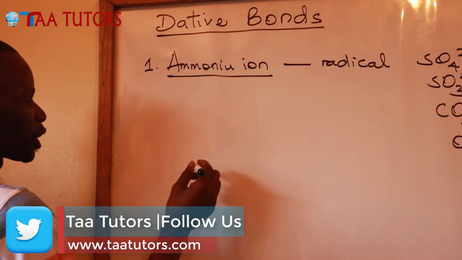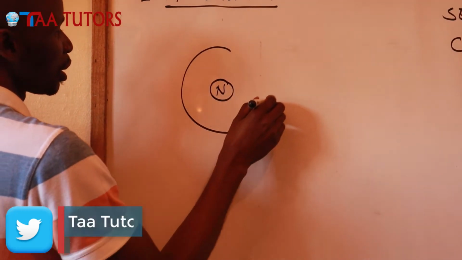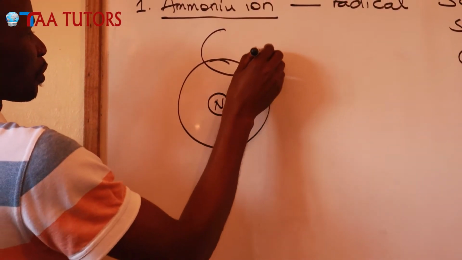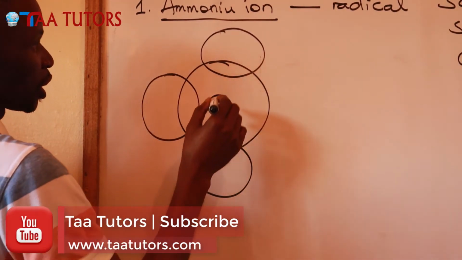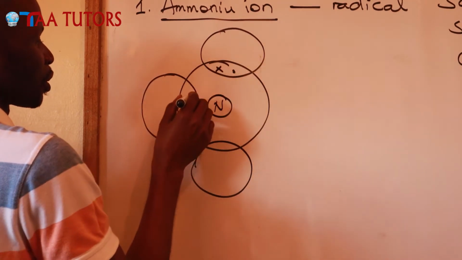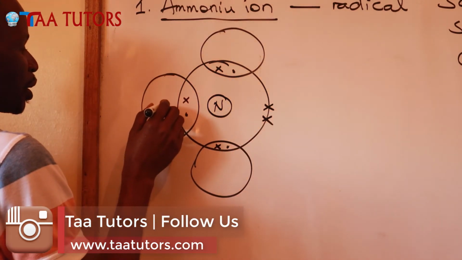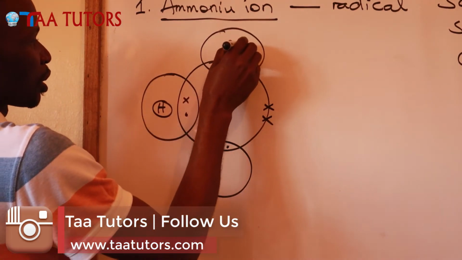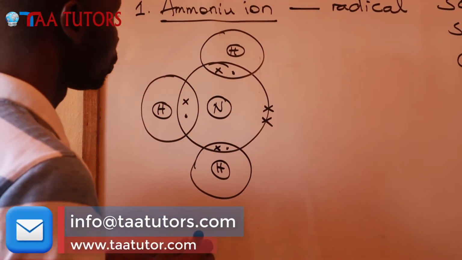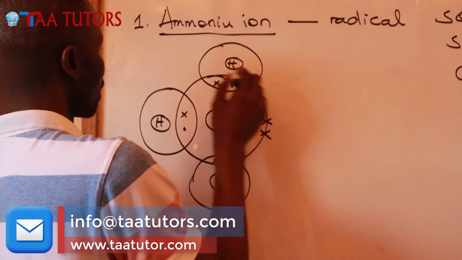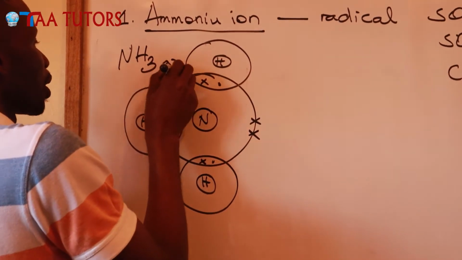Ammonium ion. In our previous lesson we drew ammonia, and we said that ammonia looks this way. The molecule ammonia is this, and you know that ammonia is NH3. So this is dot and cross, and here a cross. This is H, this is H, this is H. This compound here is NH3, and usually it's a gas at room temperature.